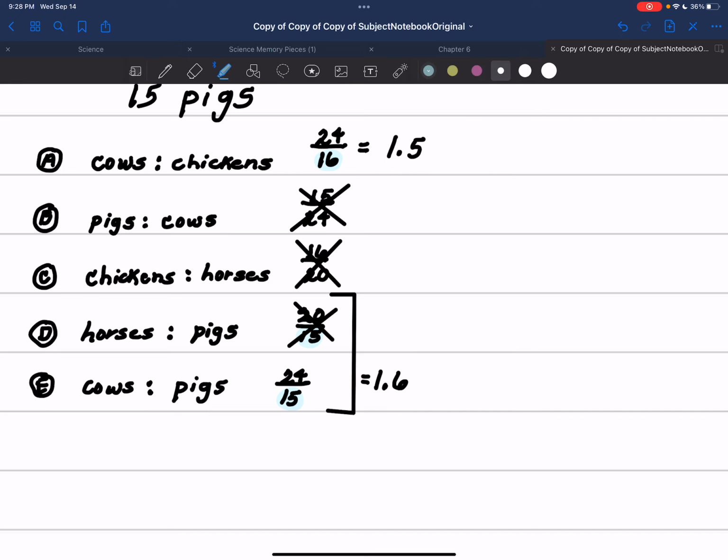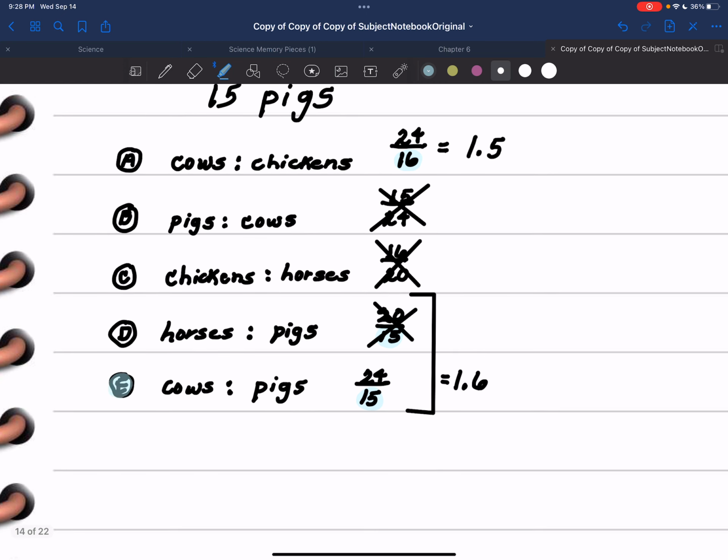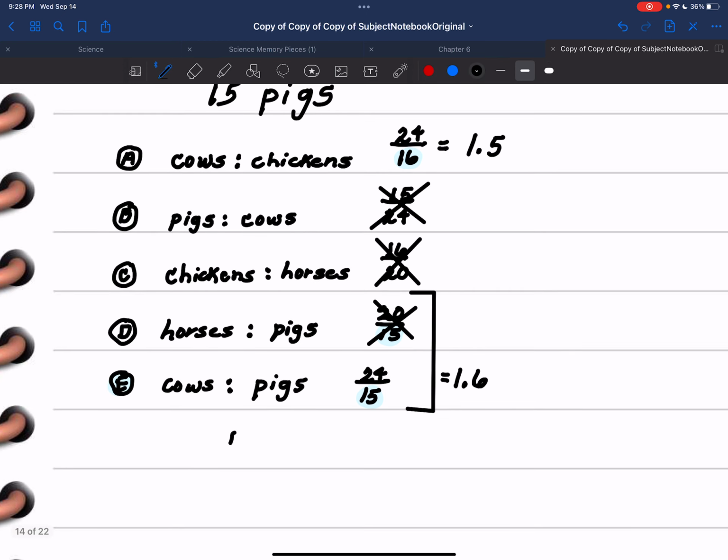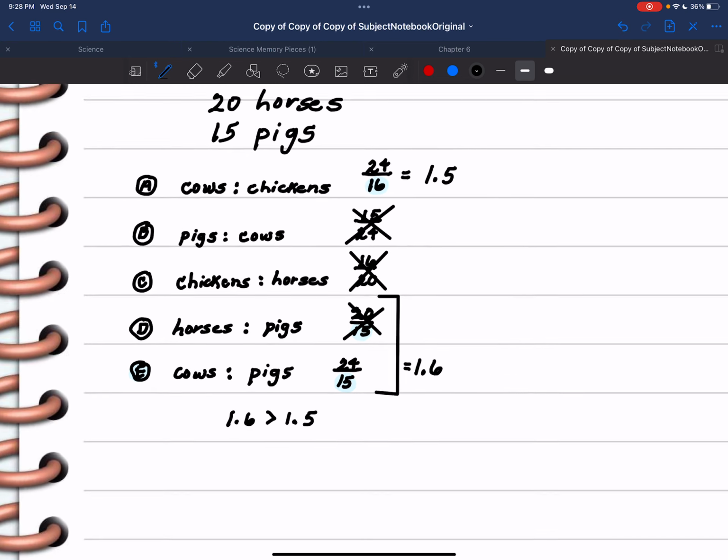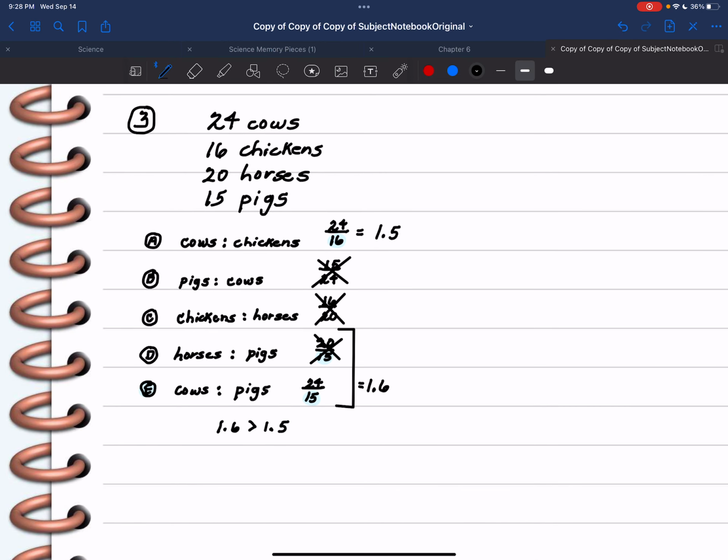And I believe it's E, because 1.6 is greater than 1.5. So that is a handy little thing to know. If you need to compare 2 ratios, this is one way that you can do it. The top numbers were the same, but the bottom numbers were different.